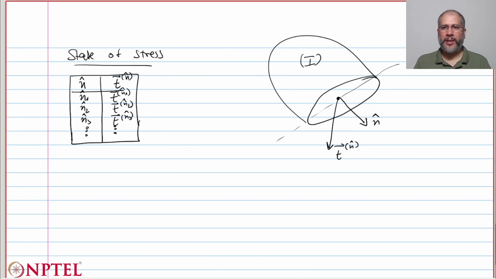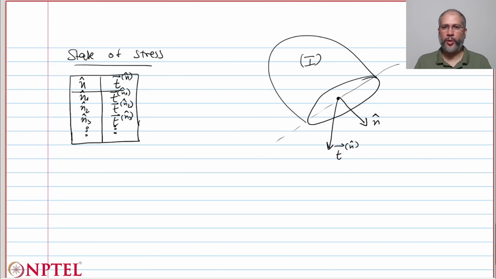The question is how many n hats are possible here? Well, the answer is infinite because my choice of cutting plane is a continuous choice. I can rotate my cutting plane or n hat and that will give me a continuous variation of n hat. So I'll have an infinite amount of information here.